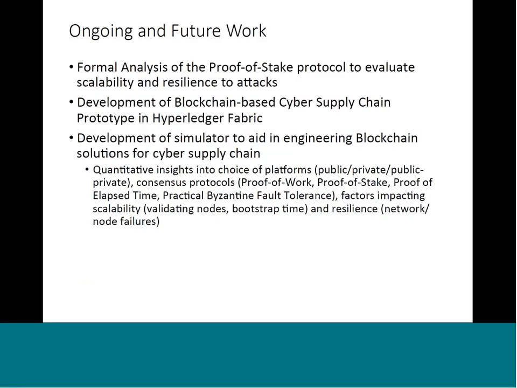So the ongoing work that we're doing: what we have seen so far is our proof of stake protocol, where most of the work is from a heuristic perspective. We haven't done the formal analysis of the protocol yet. We wanted to address a lot of those questions that I mentioned: the incentive piece, the leader selection piece, the number of nodes that you need to have, and the amount of stake that they need to stake.